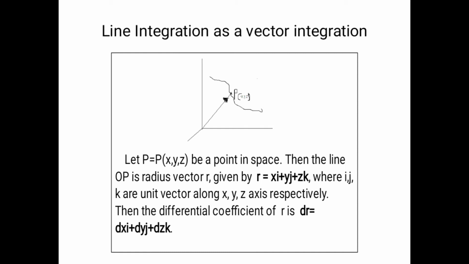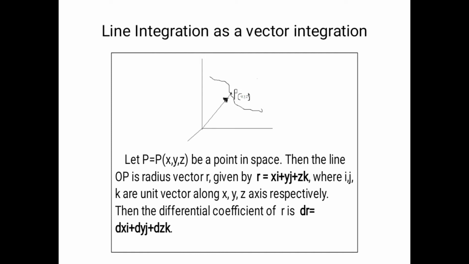Similarly, when we call vector integration of a force F, the force F is a vector quantity and a small element of the given line, a small tangent element dr, may be taken as a vector.